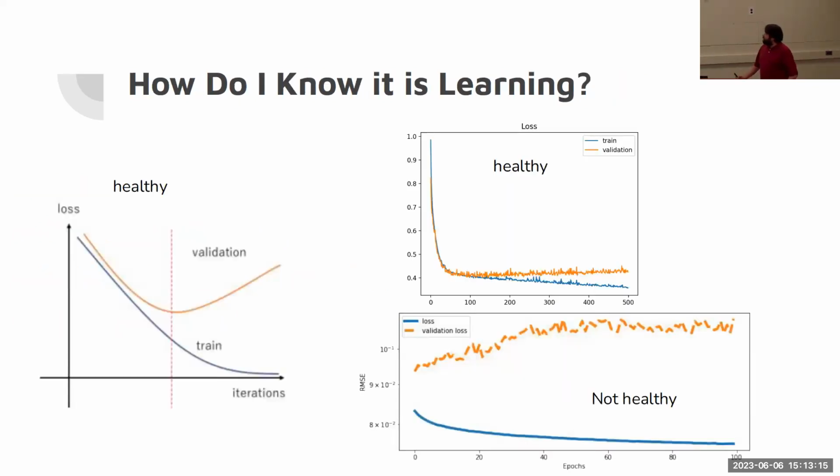Okay, so most of you I saw plotted the loss and did a bad job of labeling all the axes. All of these have a loss on the Y and epochs or iterations on the X. And one common question is, how do I know it's learning?